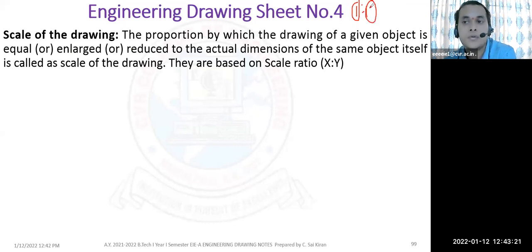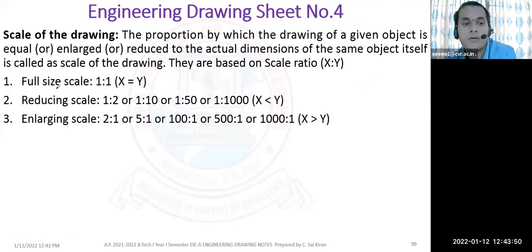Suppose your building is 10 meters and you are reducing the size in your drawing. Based on that, the numerator and denominator make the scale ratio. Whenever you are drawing exact size, full size scale, it is 1:1.